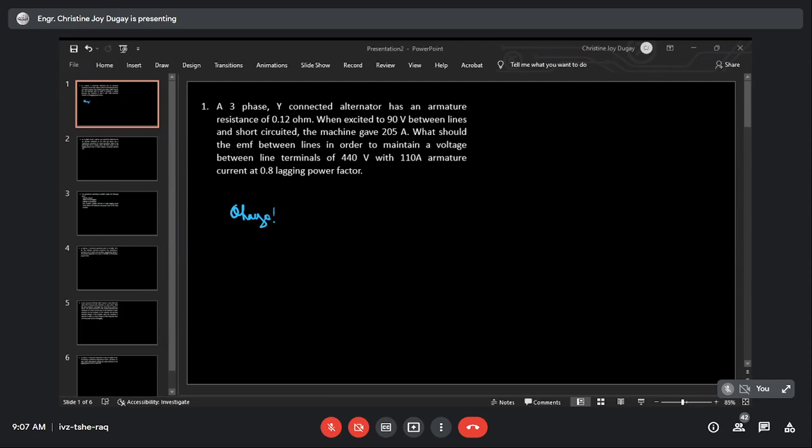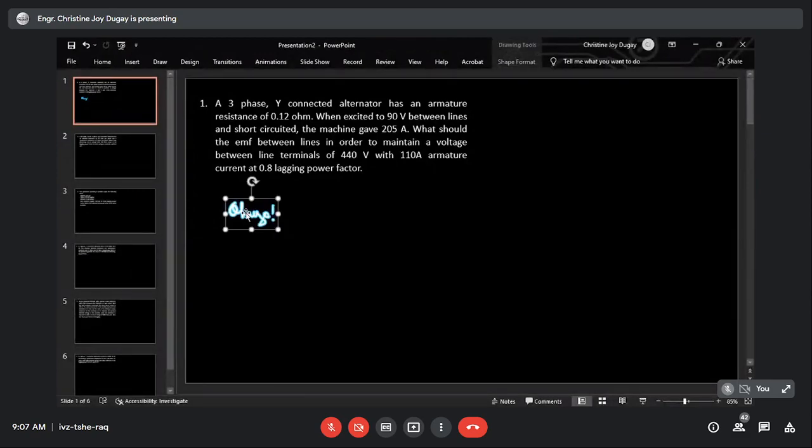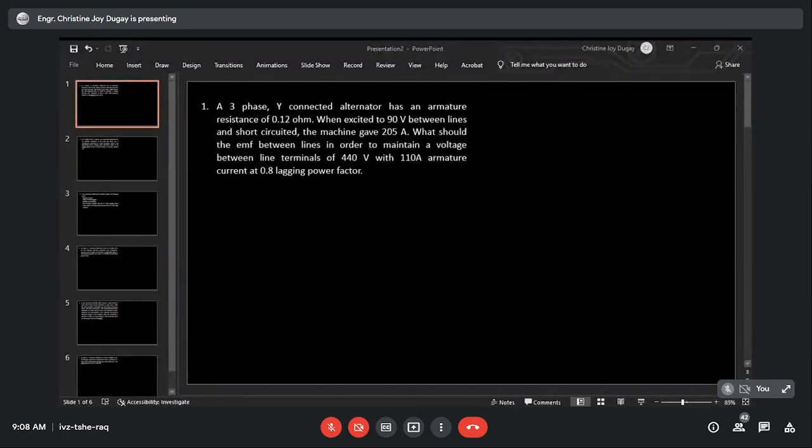Any questions or clarifications before we start solving the examples? For number 1, who would like to volunteer to solve? Since it is already presented, maybe some of you have read or solved it. Anyone who would like to show a solution to us?